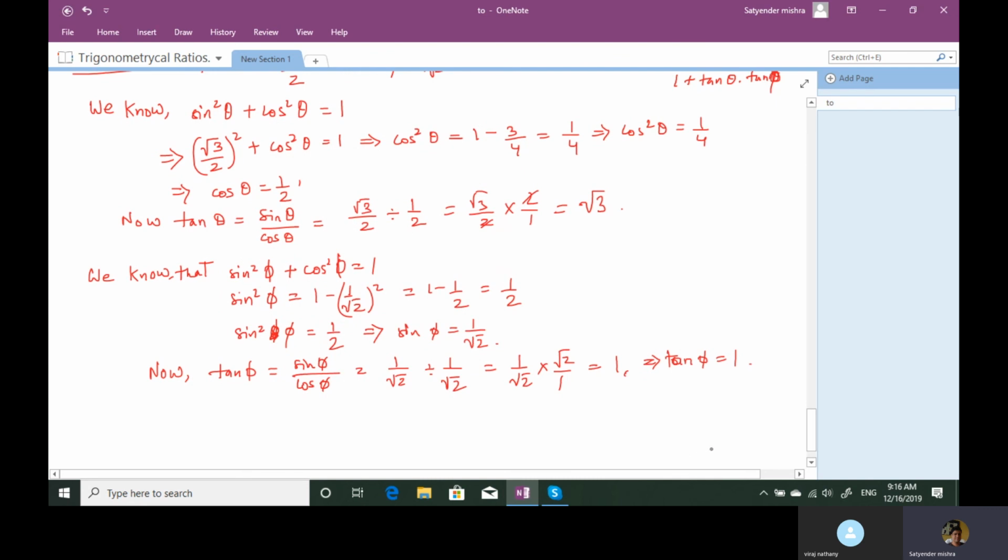The sum given to us is tan theta minus tan phi divided by 1 plus tan theta into tan phi. We know the value of tan theta is root 3, and tan phi is 1.